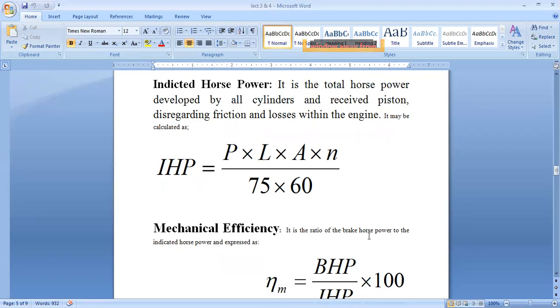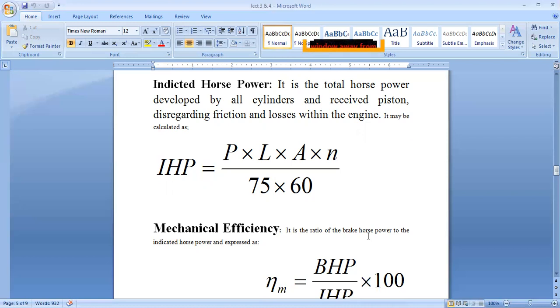So after losses of friction and cooling loss, we get the power, that is the brake horsepower. So what is the brake horsepower? Horsepower obtained at the crankshaft is called the brake horsepower.